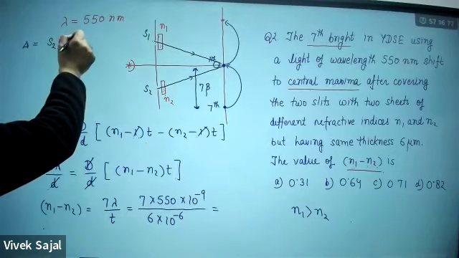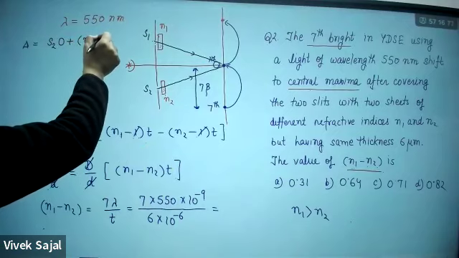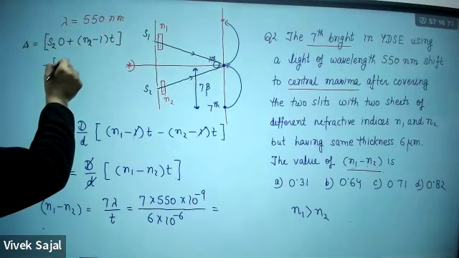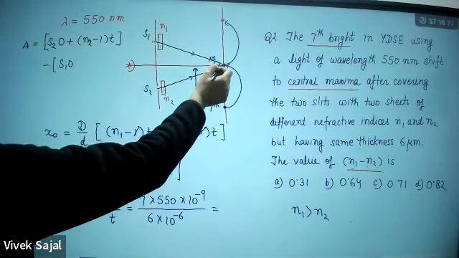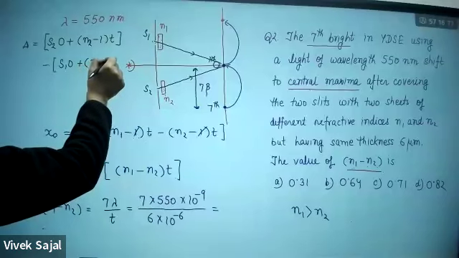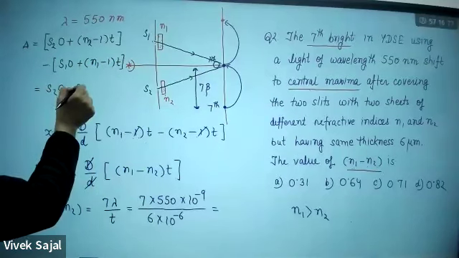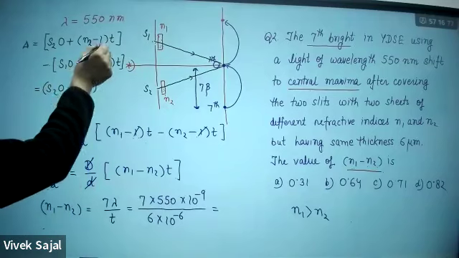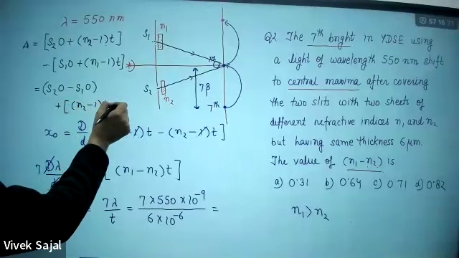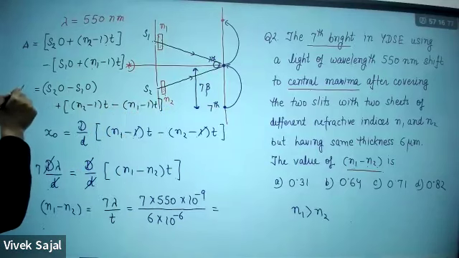So that will be plus N2 minus 1 into T. Minus, this will be S1O. This has traveled in air S1O plus the extra path introduced by this plate, plus N1 minus 1 into T. So this will be S2O minus S1O plus N2 minus 1 into T minus N1 minus 1 into T. And this will be delta.